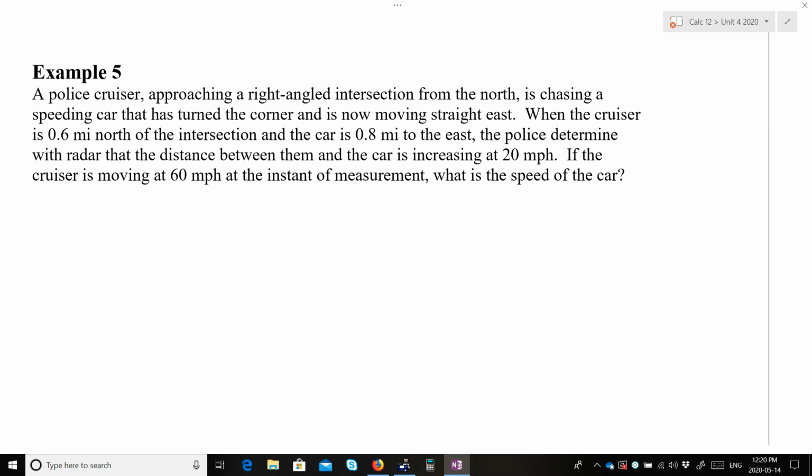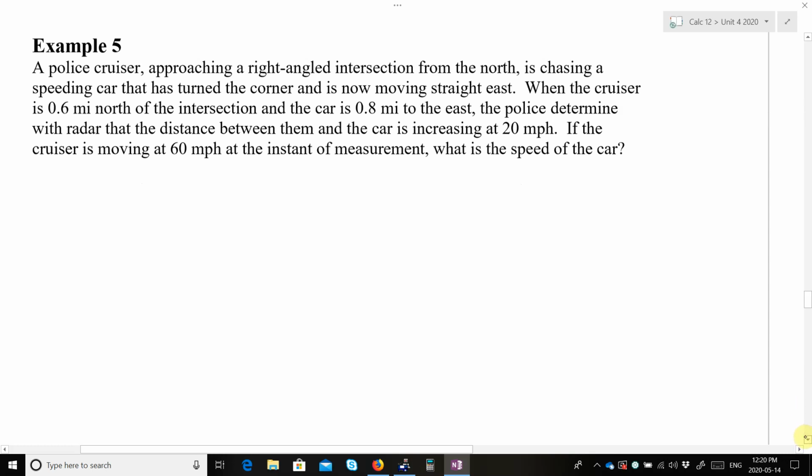When the cruiser is 0.6 miles north of the intersection and the car is 0.8 miles to the east, the police determine with radar that the distance between them and the car is increasing at 20 miles per hour. If the cruiser is moving at 60 miles per hour at the instant of measurement, what is the speed of the car? Okay, set up some directions: north, east, south, and west.